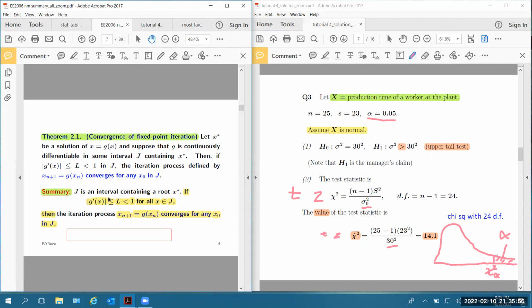J is an interval containing this root, right? So if we have this condition, |g'(x)| less than or equal to L, and L must be less than 1 for all the x in J, then your fixed point iteration process converges for any x0 in J.